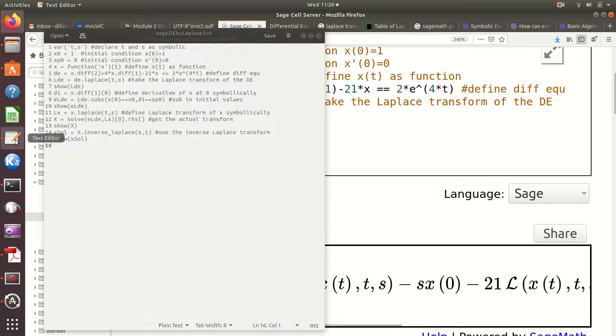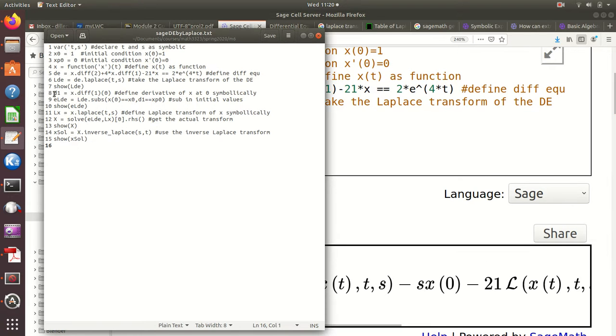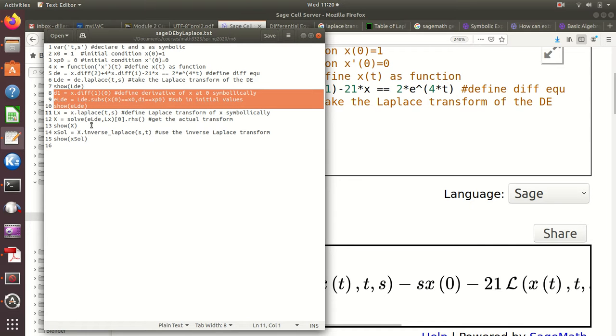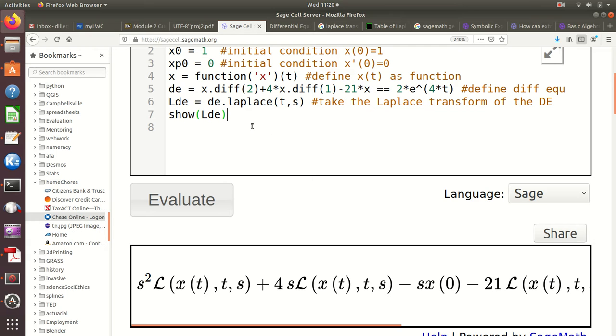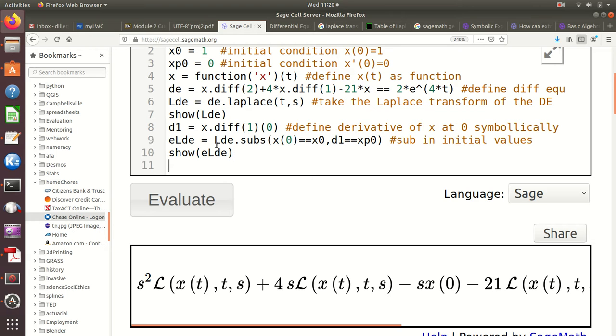So I'll go here, grab those 2 lines, and the show from that, and we'll talk about what they're doing. So here, what I did was I defined or assigned to D1 the first derivative of x, okay, and then I said of 0, evaluated at 0, but I did it all symbolically.